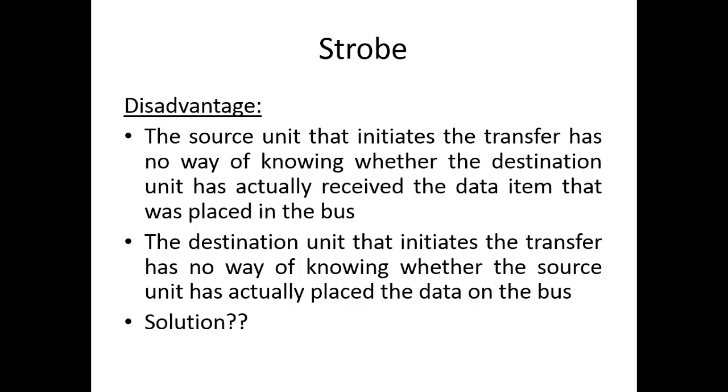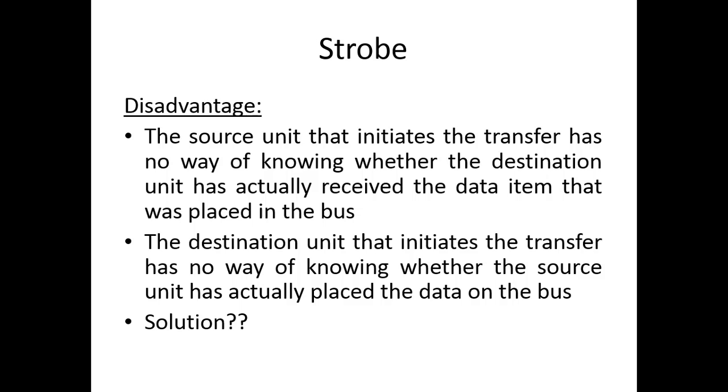Similarly, in case of destination initiated strobe, the destination unit does not know whether the source has actually placed the data on the data bus upon receiving the strobe signal which has been sent by the destination unit. So how these two problems can be solved?